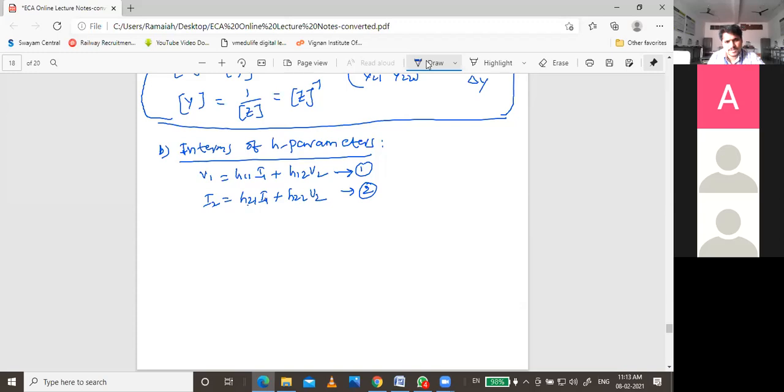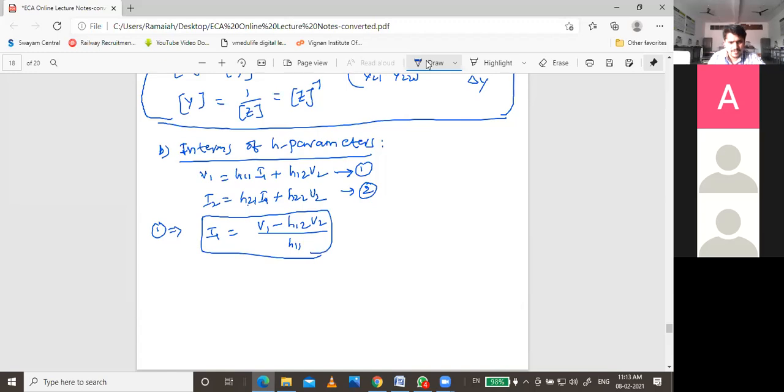Therefore, this I1 value must be found by using equation 1. So from equation 1, what is the I1 value? V1 minus H12 V2, yes or no? So V1 minus H12 V2 by H11. Substitute this in equation 2, then definitely you can represent.